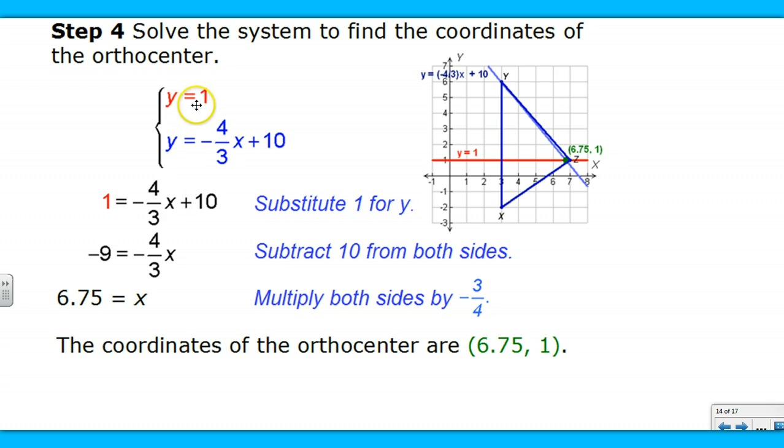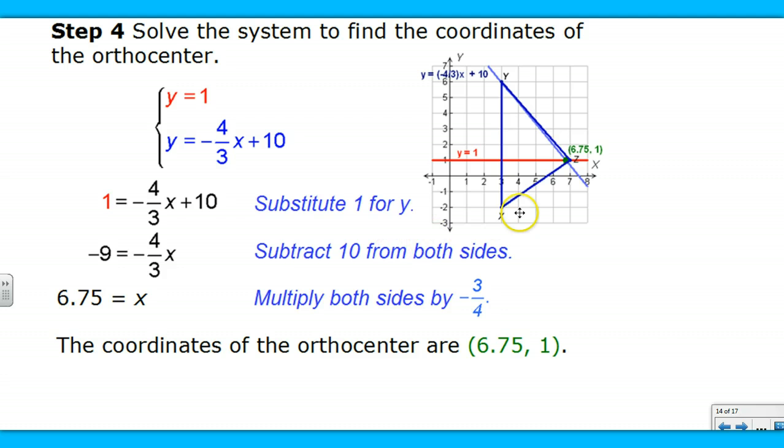Okay, we're using substitution to solve. If y equals 1 and y equals -4/3 x plus 10, we can simply substitute 1 for y, right? 1 equals -4/3 x plus 10. Now we solve for the one unknown, x. Subtract 10 from both sides, multiply by the reciprocal, and we find the x value of 6.75. So the coordinates of the orthocenter are 6.75, 1.